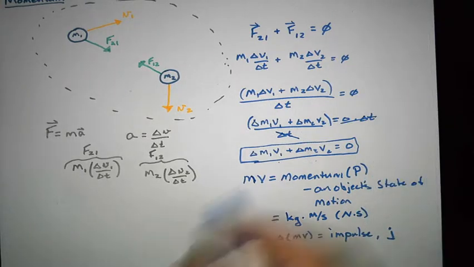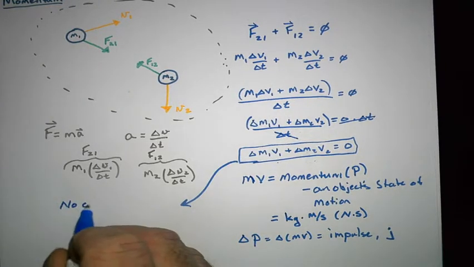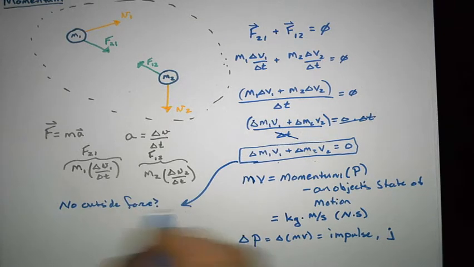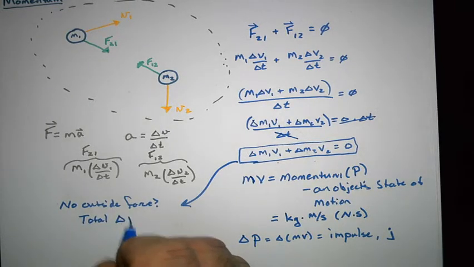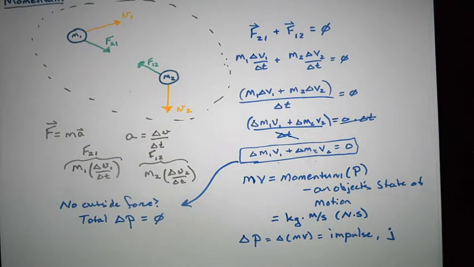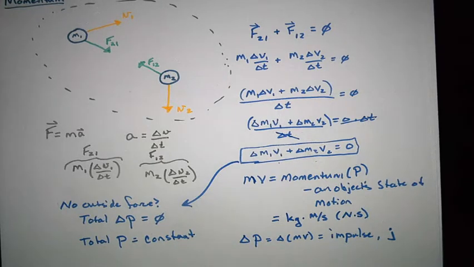Or the total change in momentum equals 0, and the total momentum is a constant: the amount of momentum you start with is equal to the amount of momentum that you finish with.